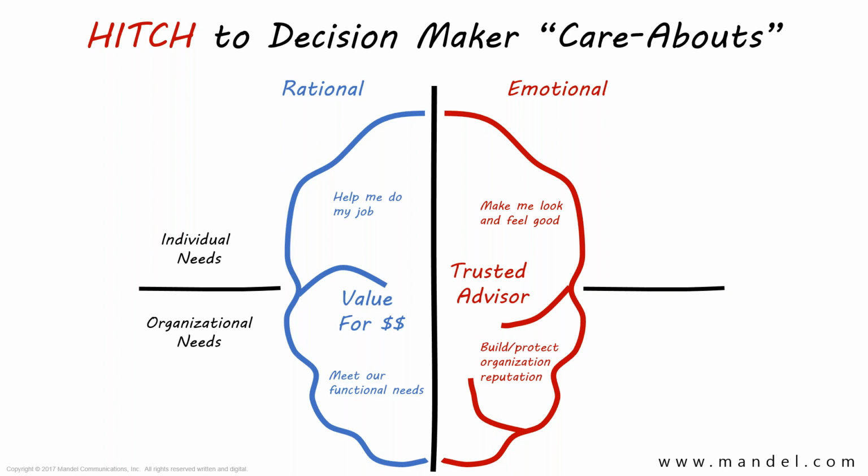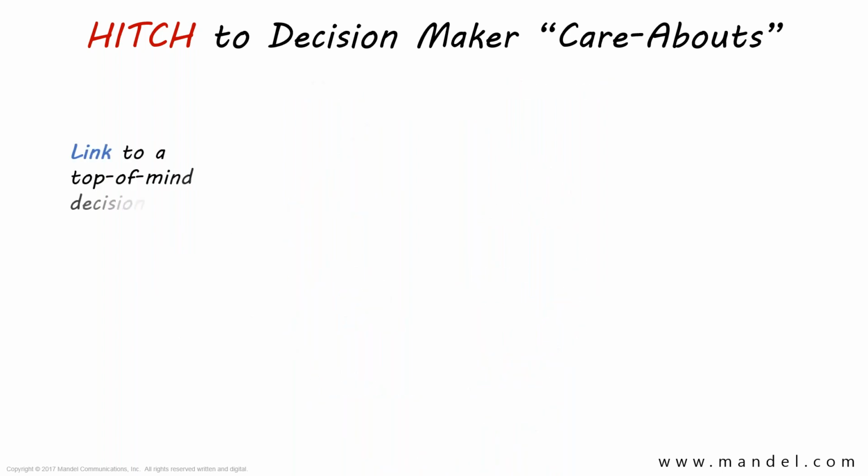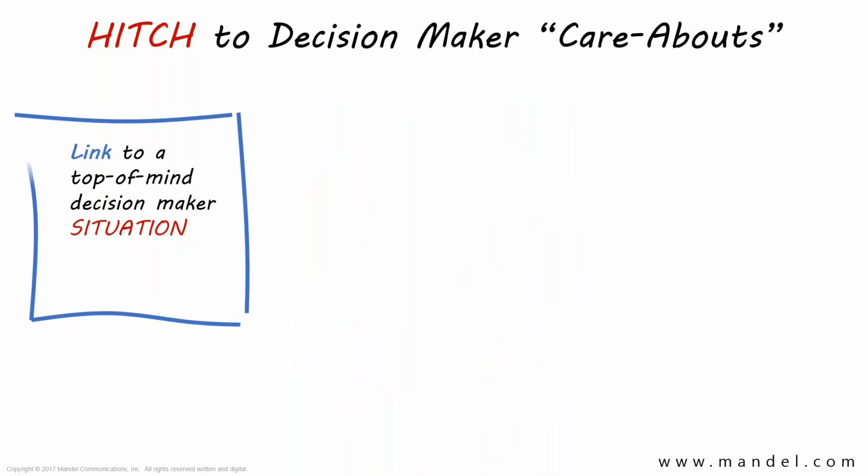And another way you might do that is to think about, relative to your topic, what can you link to? A situation for your listening audience, the people you're trying to influence, some situation that's top of mind for them that links to their project. What is going on there?